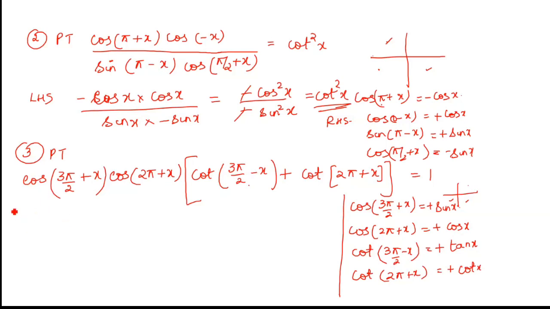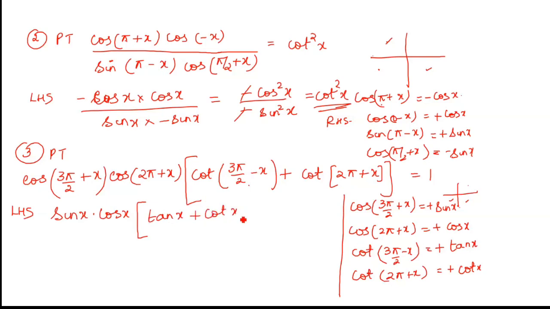So LHS. What we got here, cos (3 pi by 2 plus x) is sin x into cos x, whole divided by, what you got here? Tan x, no? Tan x, then plus cot x.